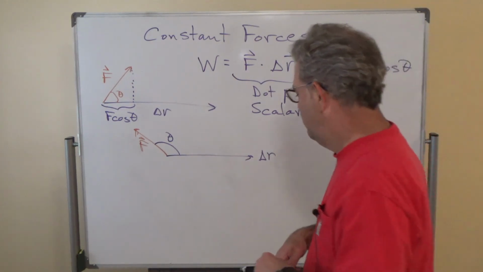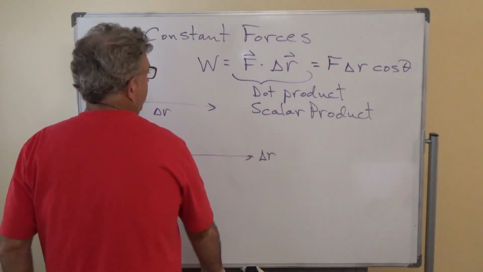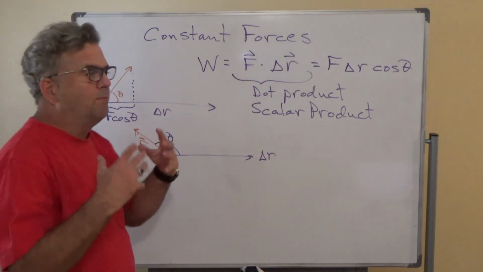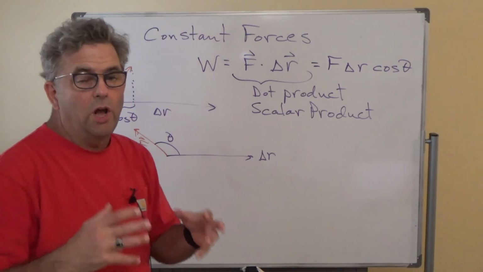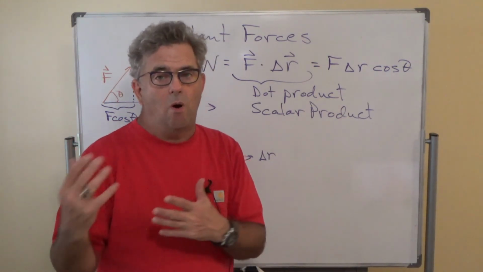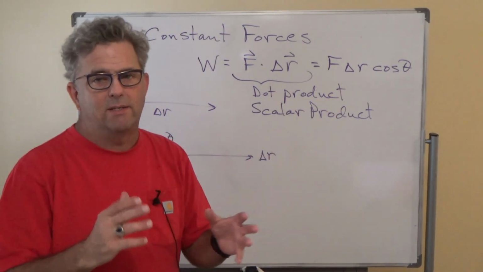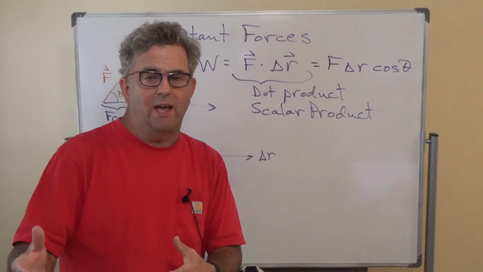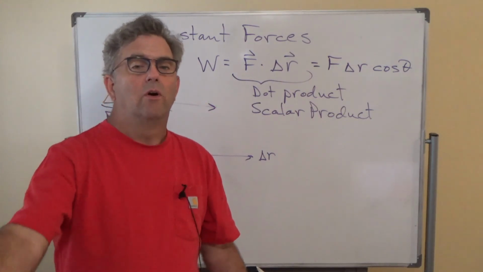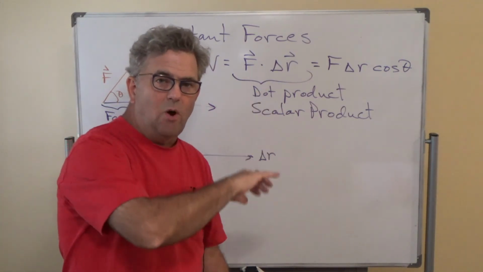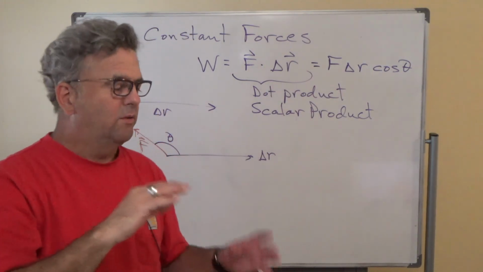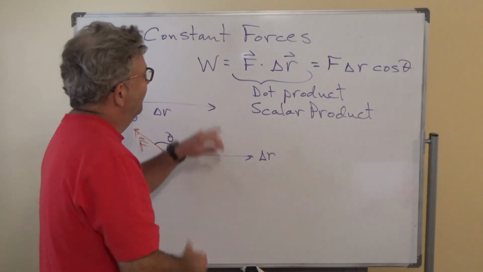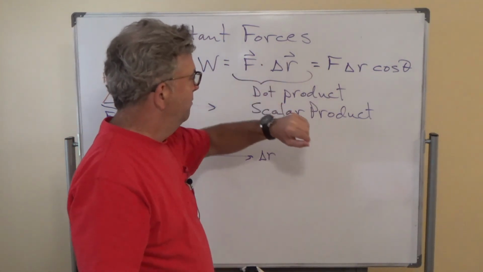So when you're looking at a particular force, and you want to know the work done by that force on the object, and we'll talk about semantics eventually, like the work done by some outside agent on an object, or the work done by the object on an external agent. Anyway, this is what you need to know for constant forces.